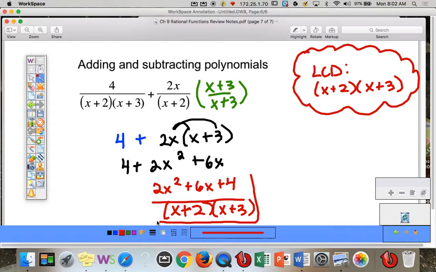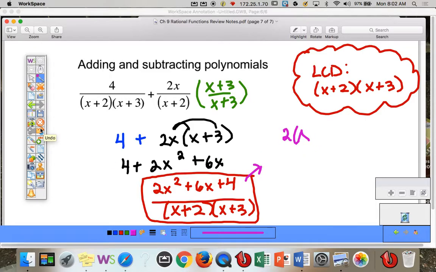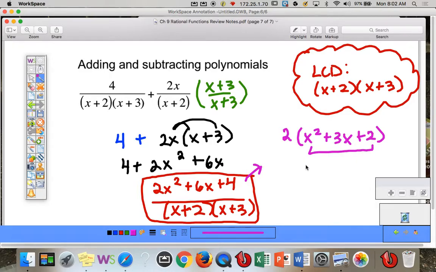Now here we stopped, but you can actually go further. You can pull out a greatest common factor. Let's see if this factors further. So we have 2, we have x squared plus 3x plus 2. So I pulled a 2 out of that. And then let's factor this guy. What multiplies to 2 adds to 3. So this would be x plus 2, x plus 1.